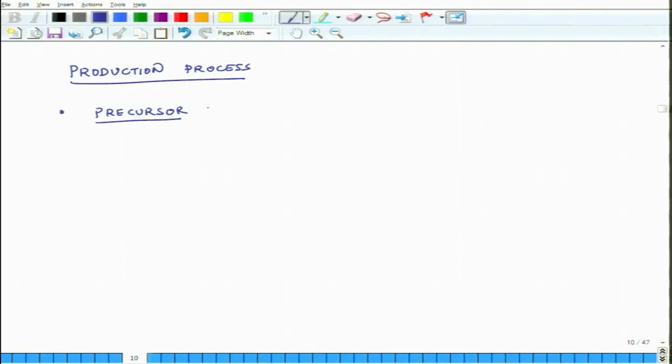And if we have to define what a precursor is, it is a material which is rich in carbon, because if you have to produce carbon fibers you need a lot of carbon.